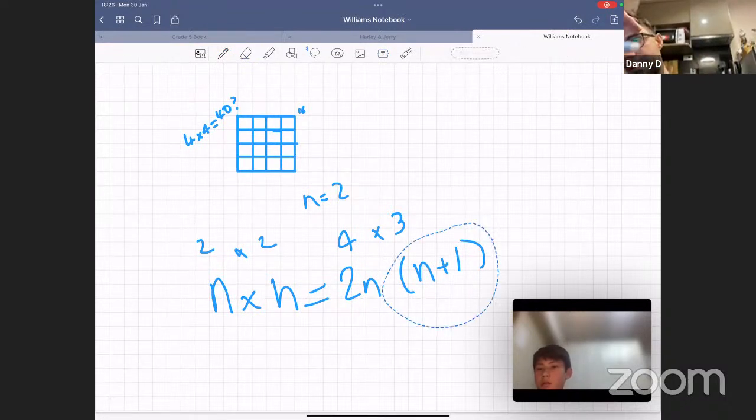I think this is wrong, but the point is we could maybe work out a formula that works like that.